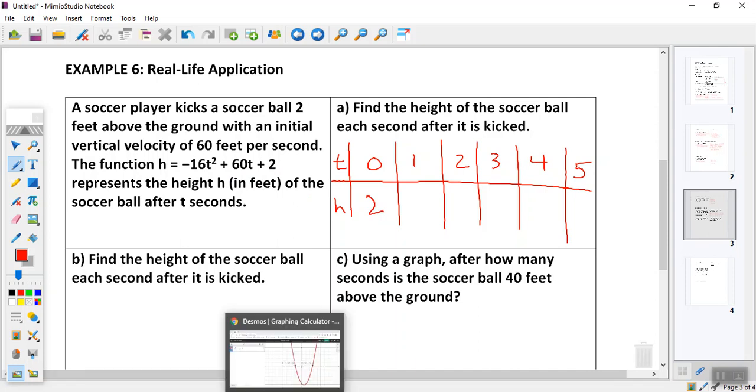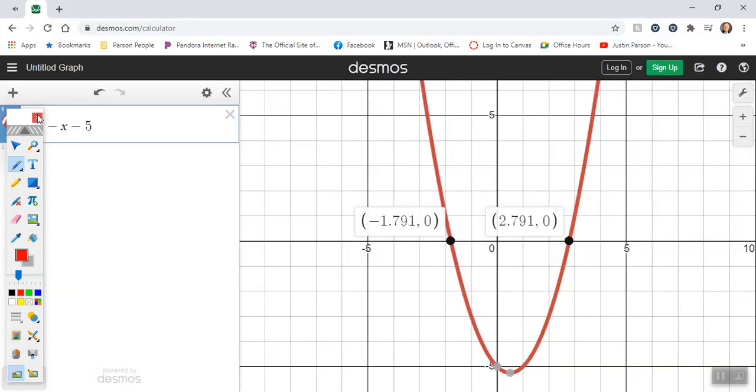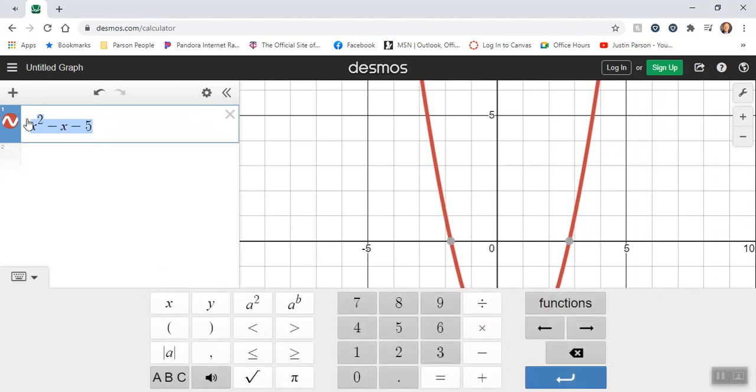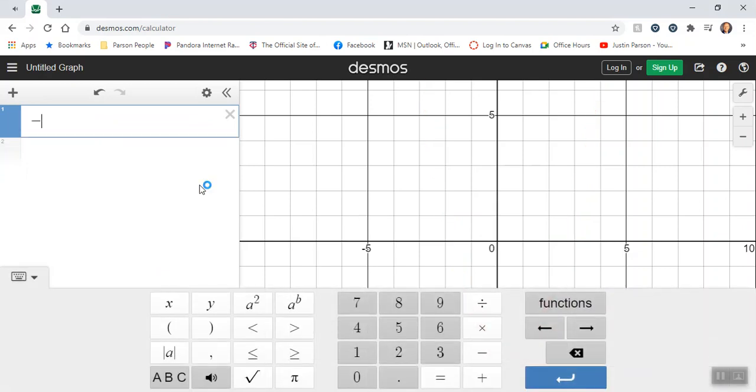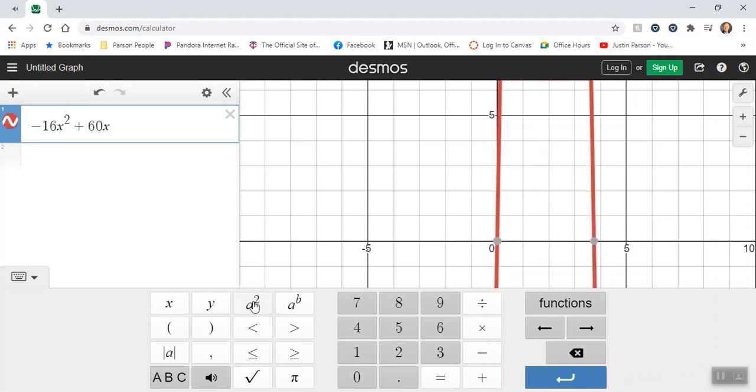All right, let me show you the easy way. If you come in here and type in, where there's a t, I'm going to type in an x. What was it, negative 16, where it was t, I'm going to use an x squared. Was it plus 60t? Yeah. Now, I want to show you guys something. Do you know how to change the zoom on your Desmos to make that fit your screen?